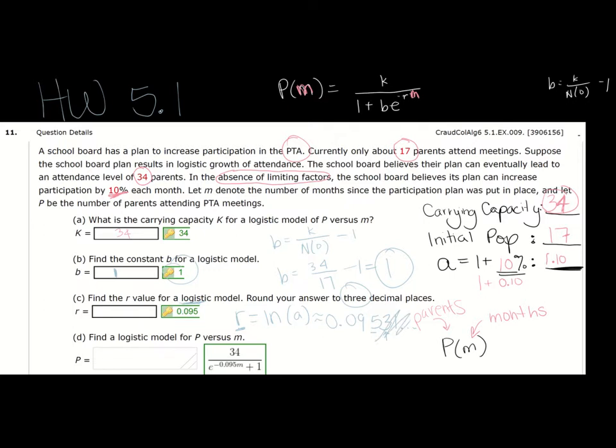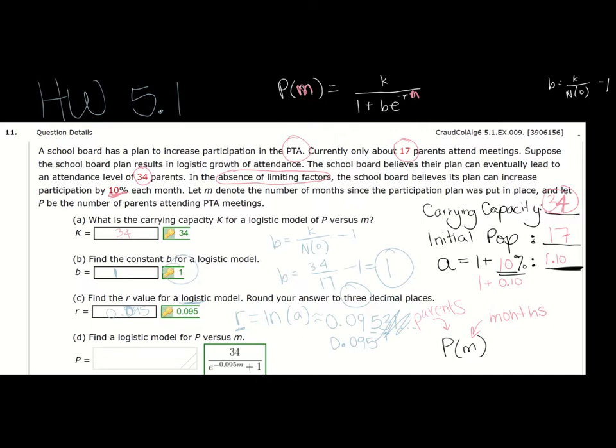All right, so you can see we're rounding down to 0.095. And that's how they got the intrinsic growth rate here, 0.095 in the key. Finding that logistic model of P versus M, it'll be relatively simple now that we have all of the pieces, all of the constants for the formula.